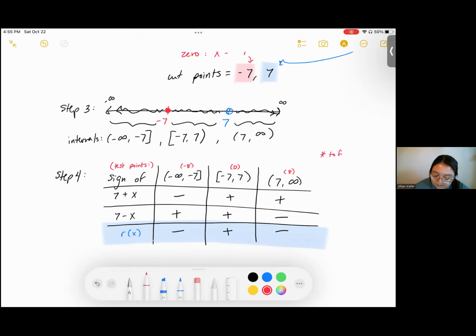And this works for polynomials as well, so this could have worked for the last problem.